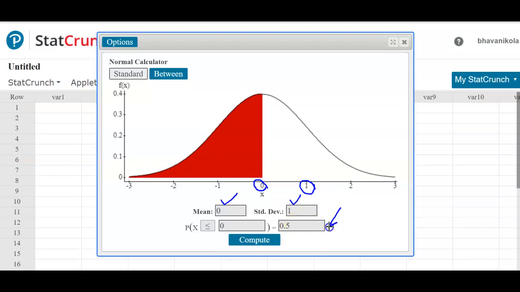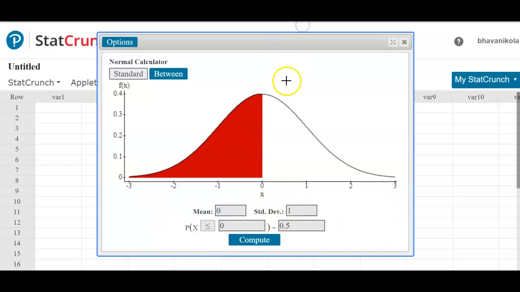So this box right here gives you the area or probability or percentage. And this value right here is your z-score value. So you will always plug in your z-score here and you will get your area here.